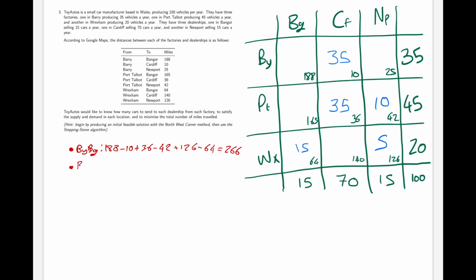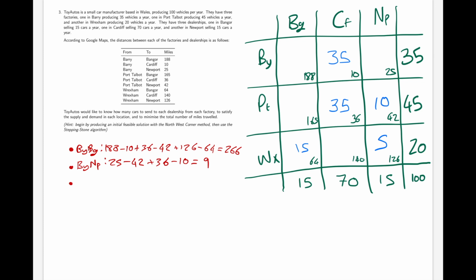How about Barry-Newport? I will loop now from here, like so. That would be increase in Barry-Newport, decrease in Port Talbot-Newport, increase in Port Talbot-Cardiff, decrease in Barry-Cardiff at a net unit cost of 9.